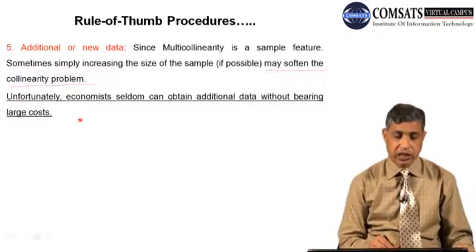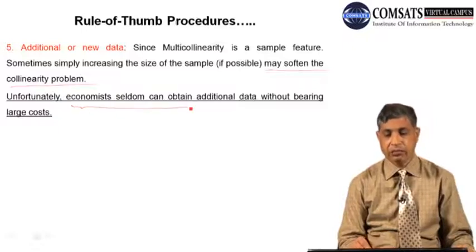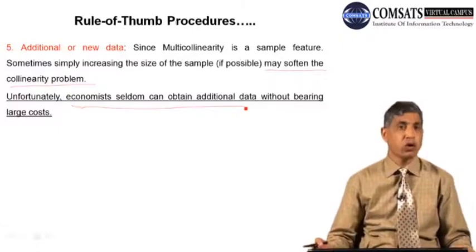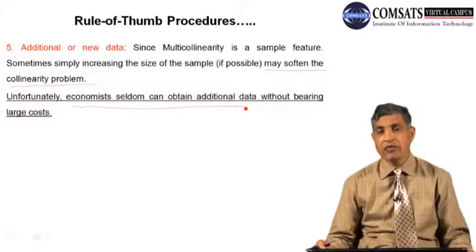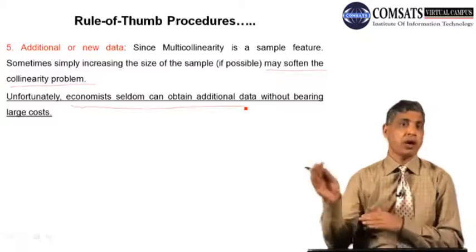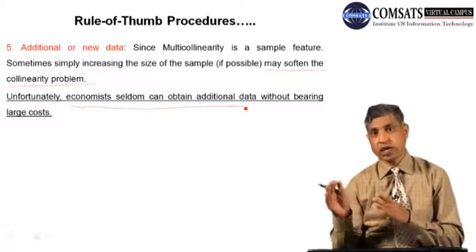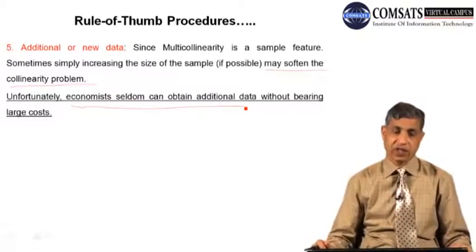But unfortunately economists seldom can obtain additional data. Now not only the economist, why have they used the word economist here? Because an economist always has an eye on the cost and benefit analysis of the issue.